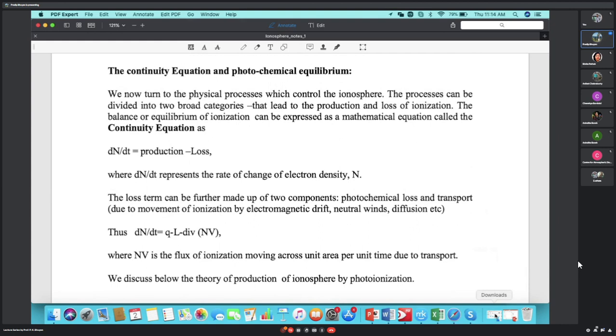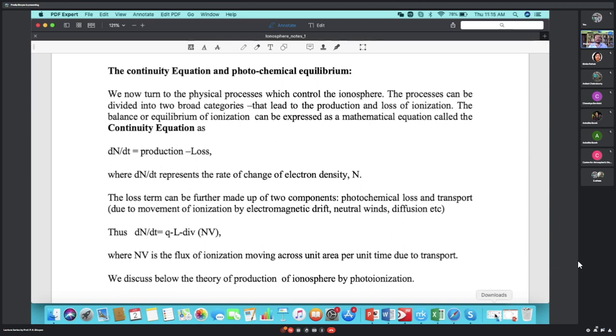So now coming down to exactly what happens. We have mentioned the continuity equation. Now all of you know what a continuity equation is: if the number density is n and the time is t, then dn/dt is production minus loss at any given time for any species, not only for the ionosphere, but for any other physical process where production and loss mechanisms are there.